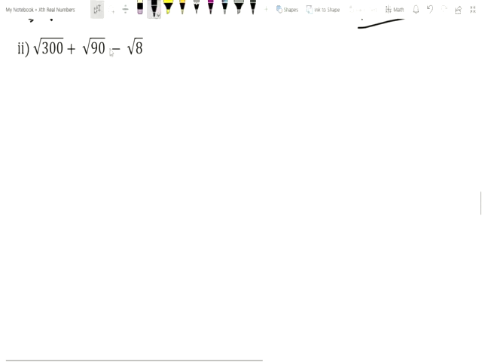See the next question. Root of 300 plus root 90 minus root 8. First you split this. How do you split this 300? 3 into 100. 100 how can you split? 10 into 10. Plus root of 90. How can you split this, children? 9 into 10. Okay. So 9 how do you split, children? 3 into 3 into 10.